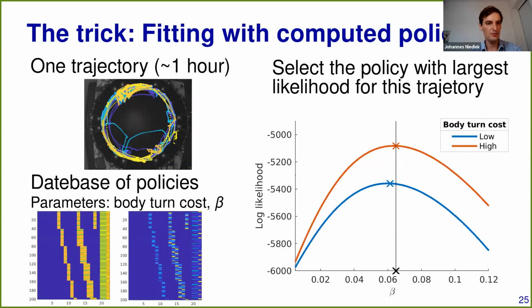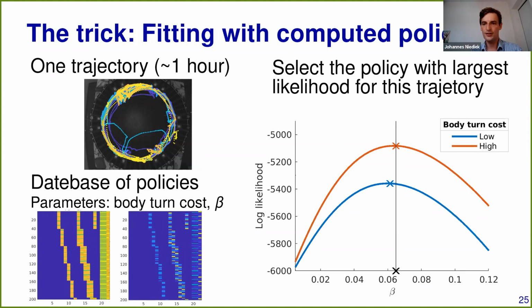I'll explain it a bit more in detail. So imagine that we have a 1 hour trajectory from a rat, and we have our database of policies. In this case, it's parameterized with this body turn cost that I mentioned and the beta parameter. And then on the right side, you see for 2 body turn costs and many beta parameters, the goodness of fit expressed as log likelihood of the trajectory with respect to all of the policies.